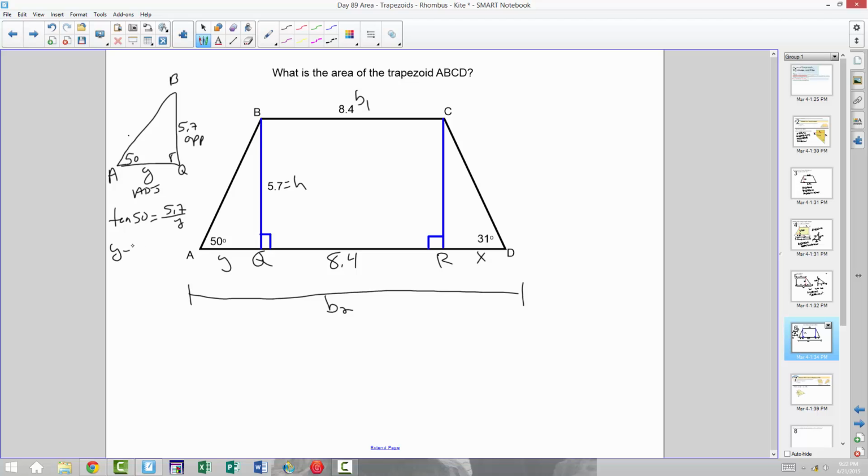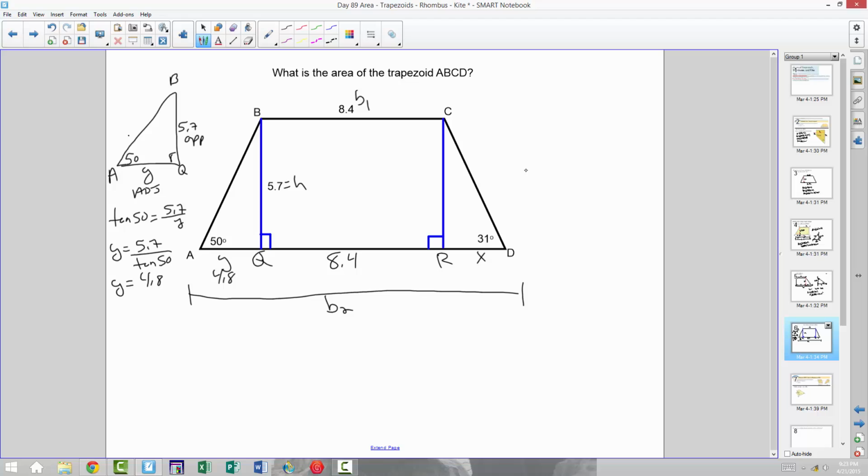I have Y equals 5.7 over tan of 50. So 5.7 divided by the tan of 50 is about 4.8. So Y is about 4.8.